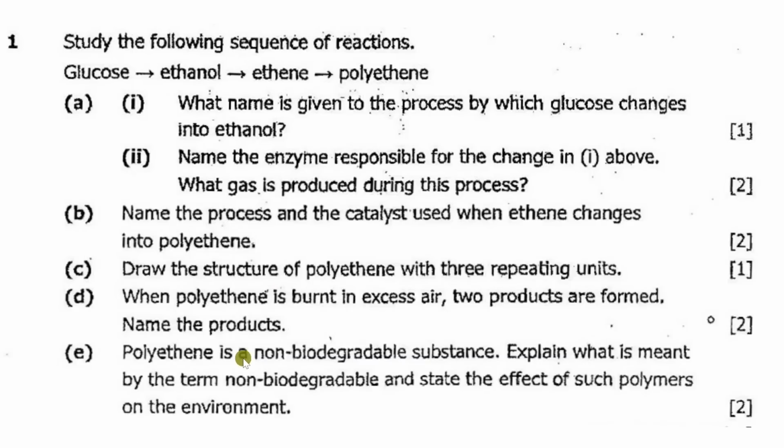Then we move to C. C is saying, B saying name. Oh, it's the one we have answered. Name the process and the catalyst used when ethene changes into polythene. So let's answer.